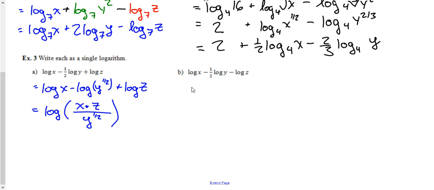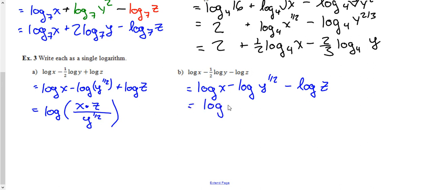Over here, let's rewrite this one. This is log base 10 of x minus log y to the 1/2 minus log of z. So we have log base 10 x up top.